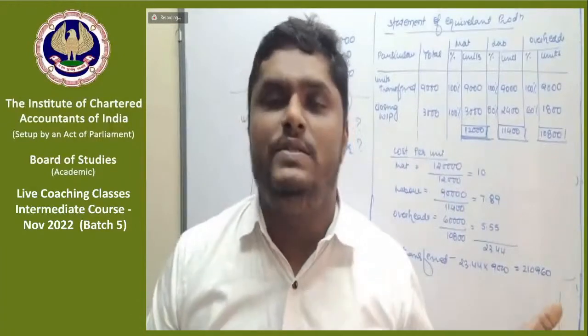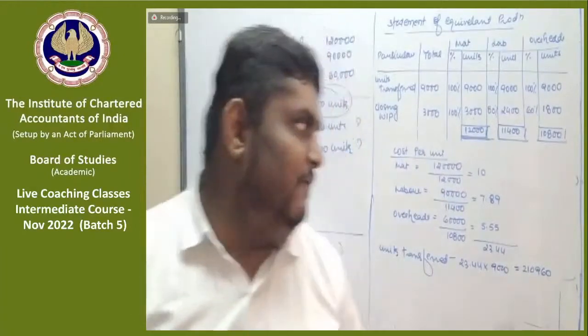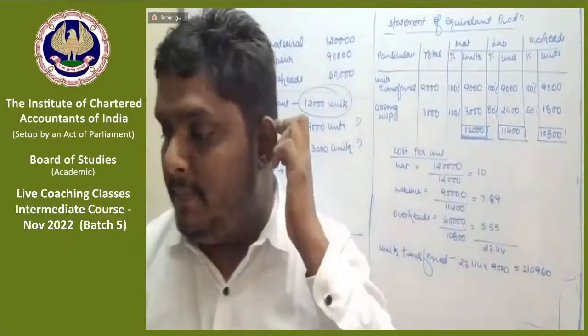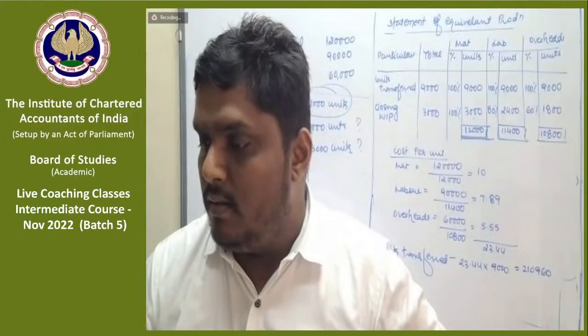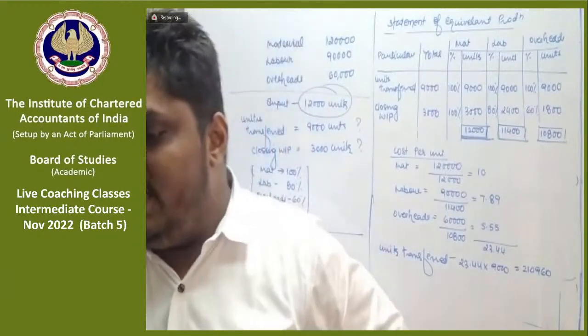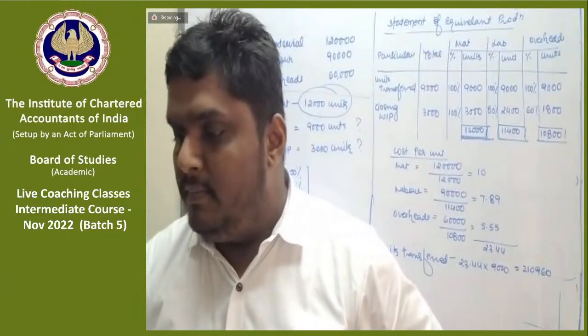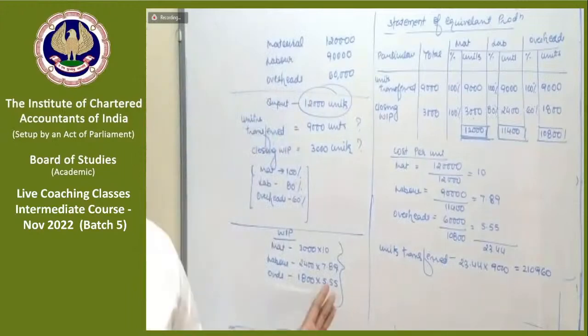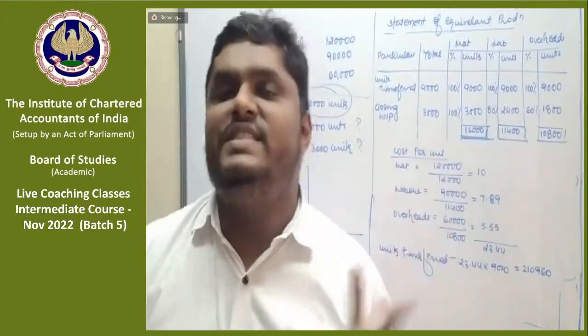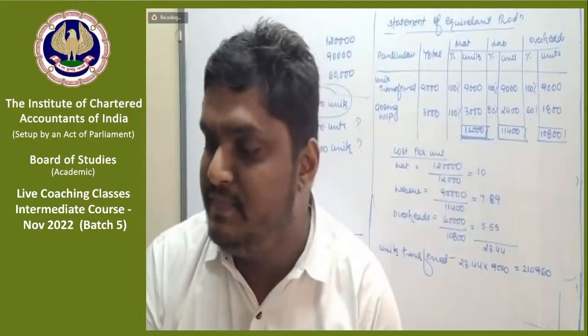It will save your time if you solve in this way. No worries, Kaveri. So this is the best approach to solve the question. It will save your time, guys.